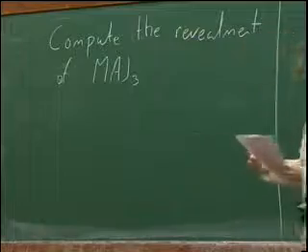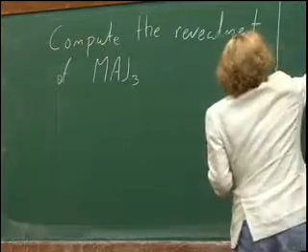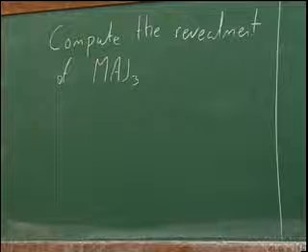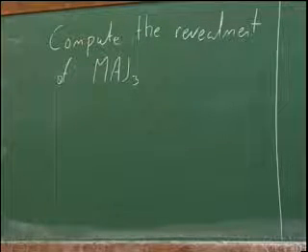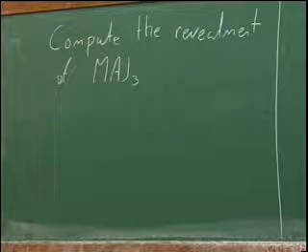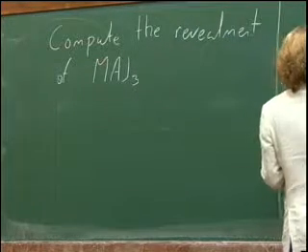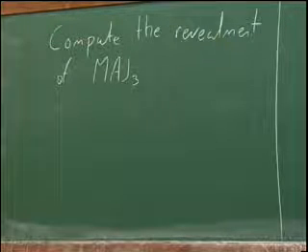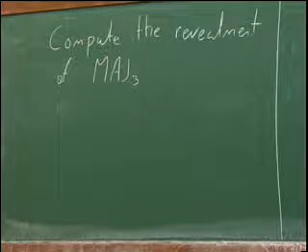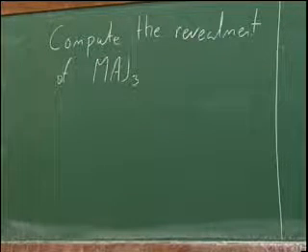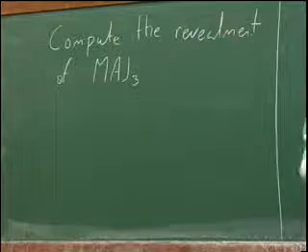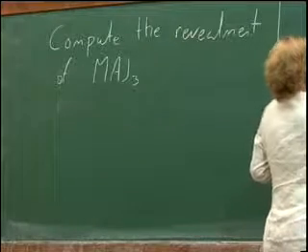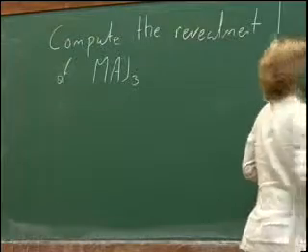So recall the definition of the revealment, which we might denote delta sub f of the function f: it is the probability that an algorithm queries a bit x, maximized over all bits x, minimized over all algorithms.